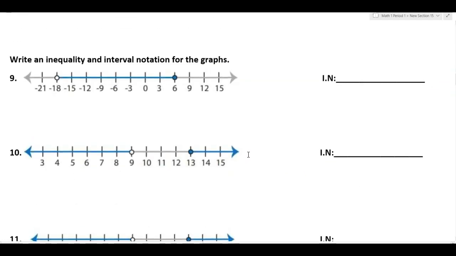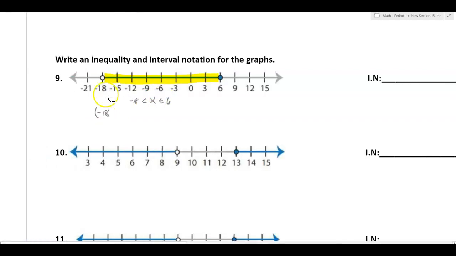So right away, when I look at this first one, I have an open circle on -18 and it's shaded all the way to 6. This would be an AND statement here. And the inequality would be x is greater than -18, less than or equal to 6. So if we look here, this graph on the left starts at -18. Since it's an open circle, it'll be round parentheses.